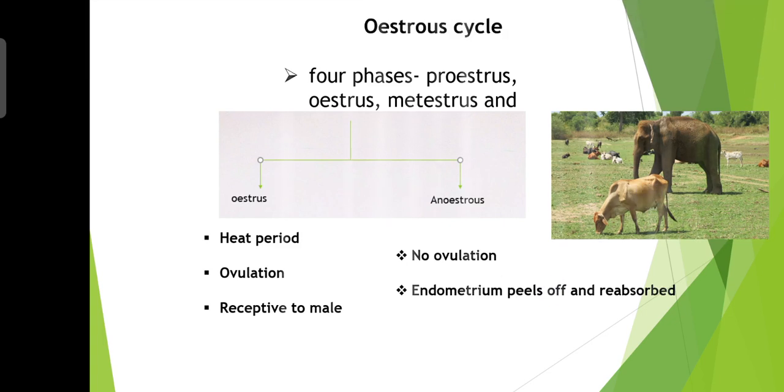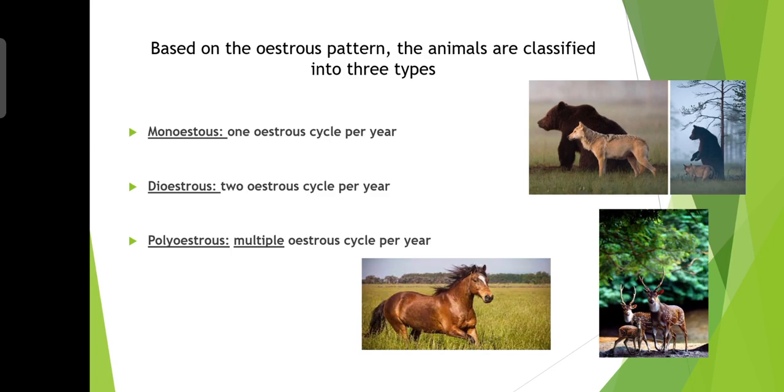Based on the estrus pattern, animals are classified into three categories: monoestrous animals, diestrous animals, and polyestrous animals. What is a monoestrous animal? Monoestrous animals have only one estrous cycle per year, for example, the bear, the fox, and the wolf.